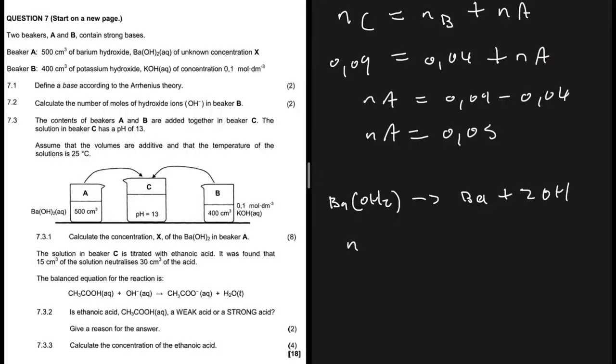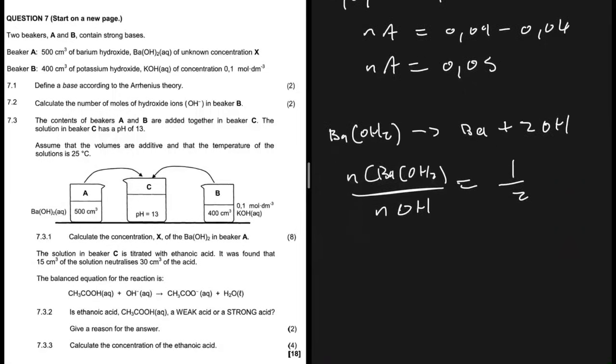So we're going to have the number of moles of BaOH2 divided by the number of moles of OH being equal to 1 divided by 2, right? So the number of moles of BaOH2 equals the number of moles of OH divided by 2. So that is equal to 0.05 divided by 2.